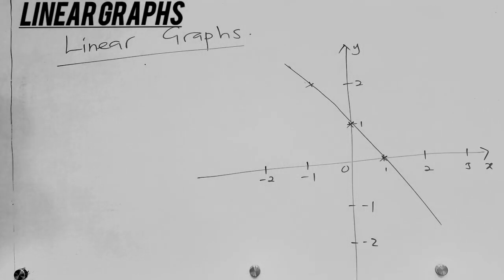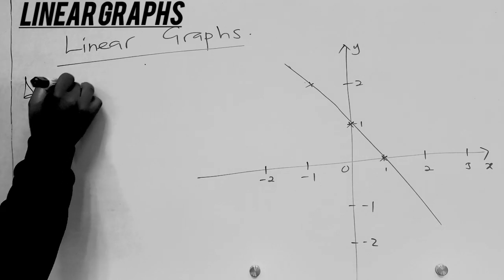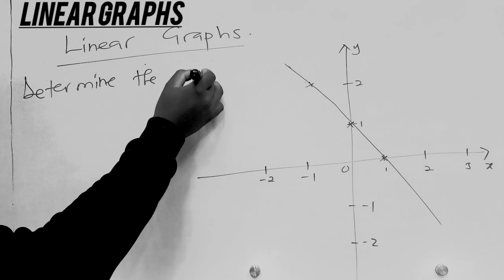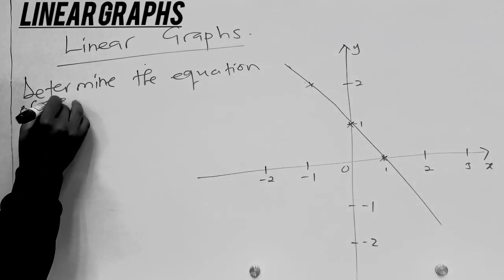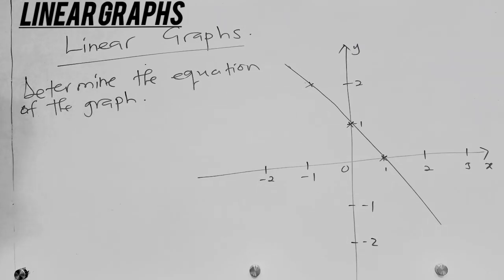Linear graph which is already sketched. The question is asking us to determine the equation of the graph. So what we do here is we take any two points that lie on the graph.